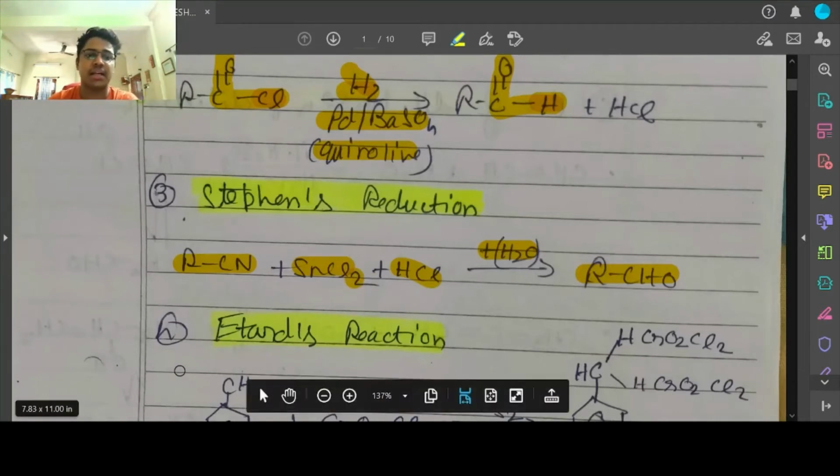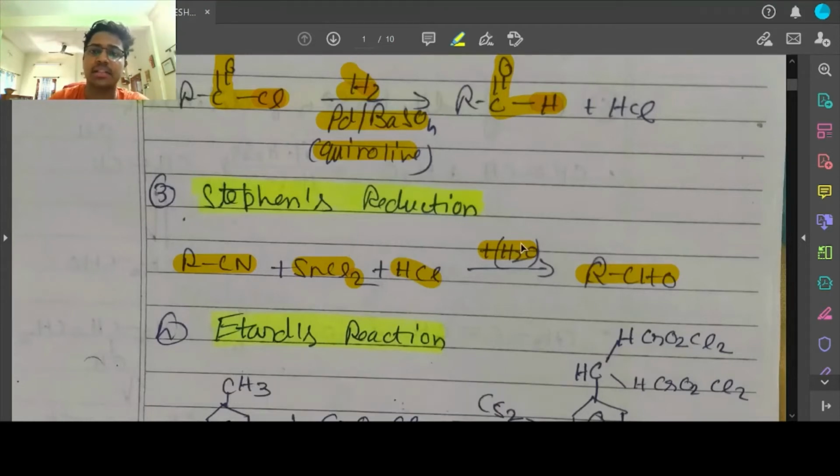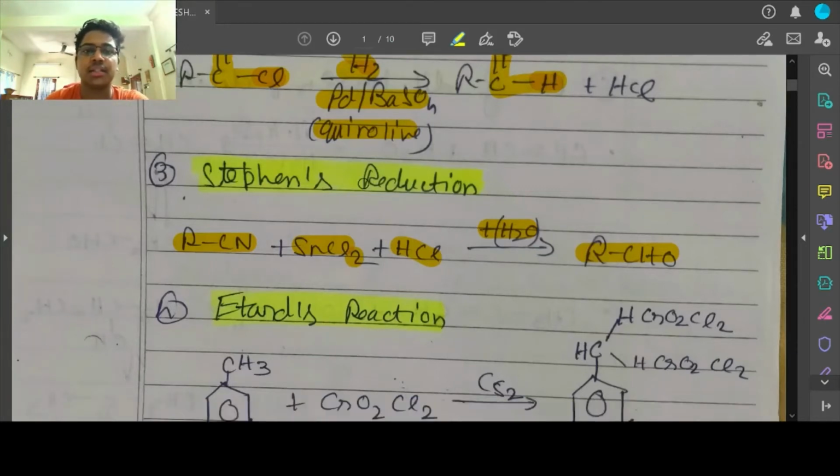The reaction mechanism is a bit complicated, so I will not discuss it in this one-shot video, because reaction mechanisms don't come in the board exams, and sometimes not in JEE either. So in the Stephen reduction, a cyanide is converted to an aldehyde.